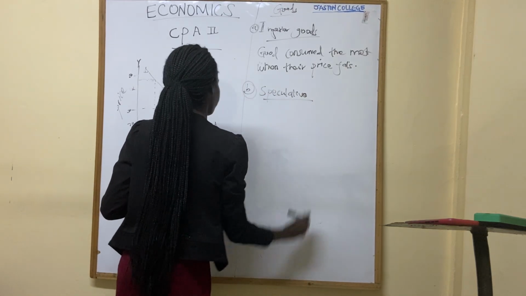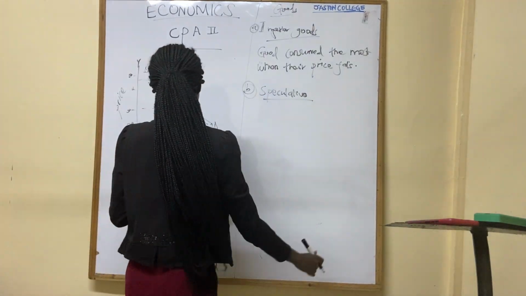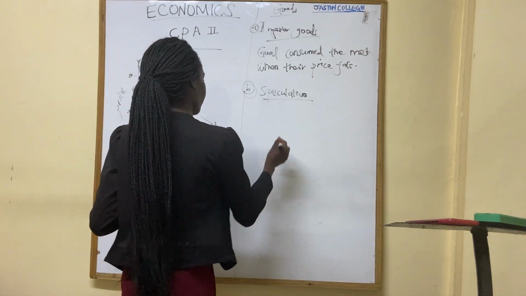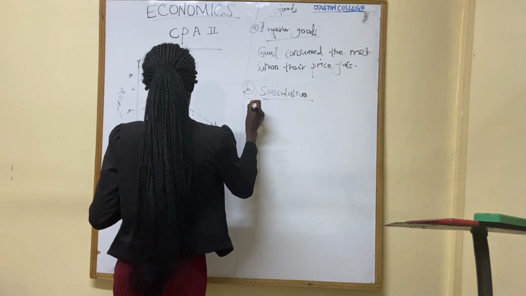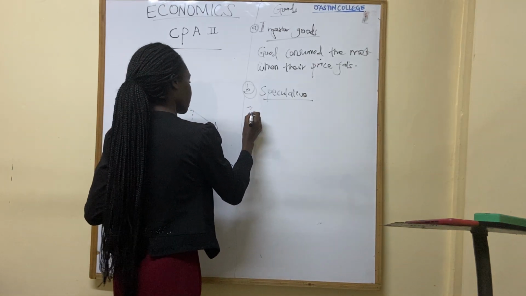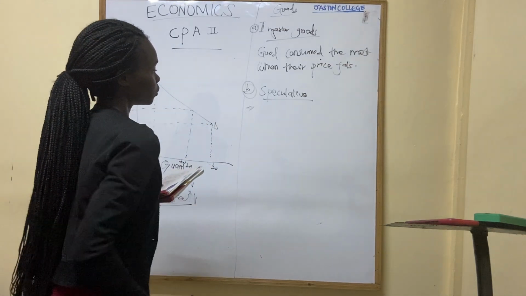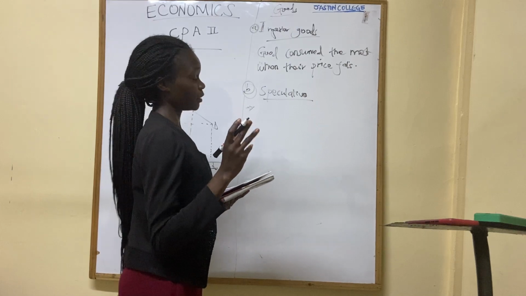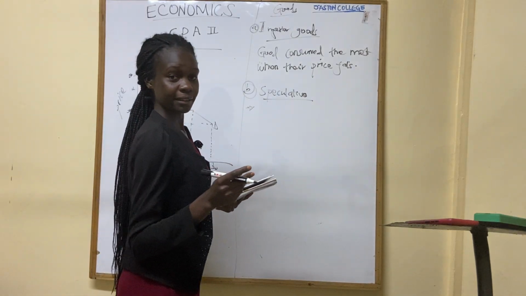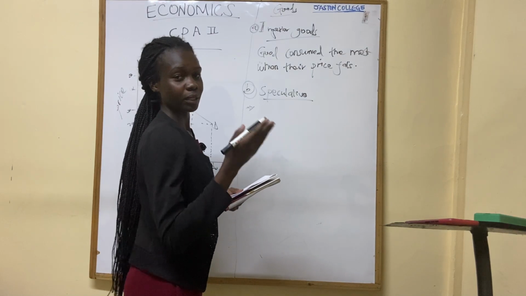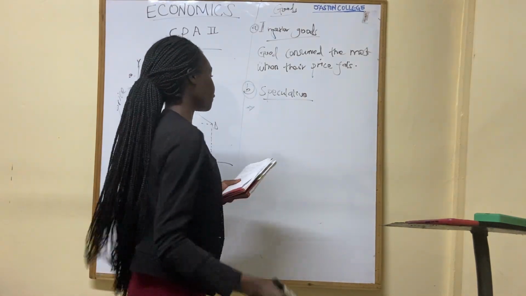Speculative goods are goods that when their prices rise, individuals or consumers buy more in fear that their prices will go up in the near future.